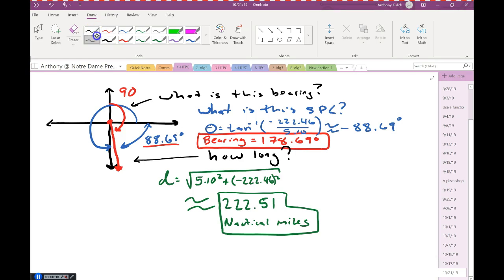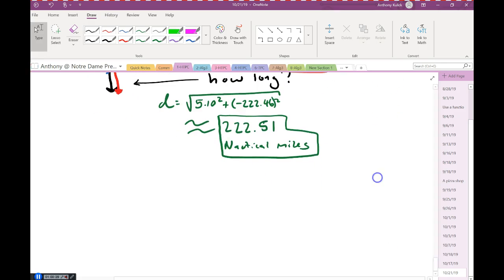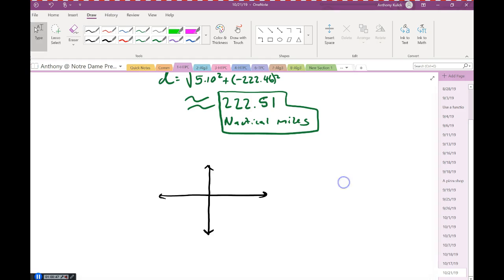So let's do one last thing on this to just see if this answer that we have makes sense. Okay? So, my trip, it says, I start by leaving at a bearing of 215 degrees.